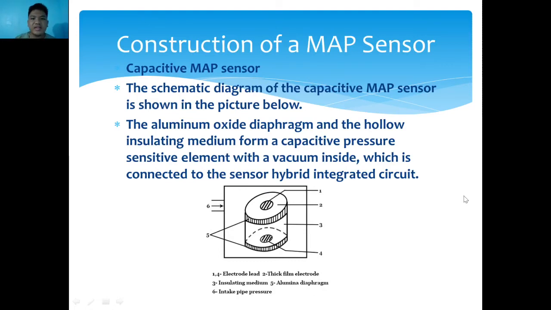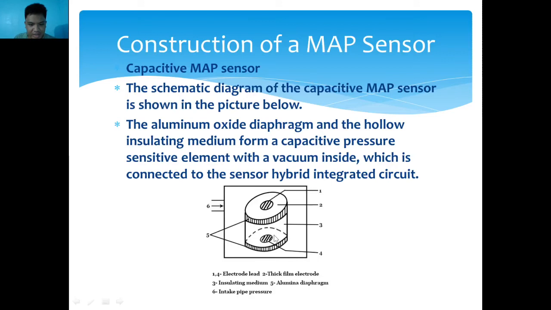The schematic diagram of the capacitive MAP sensor is shown in the picture below. The aluminum oxide diaphragm and the hollow insulating medium form a capacitive pressure-sensitive element with a vacuum inside, which is connected to the sensor hybrid integrated circuit. So I think this is more like the PCB type of MAP sensor.